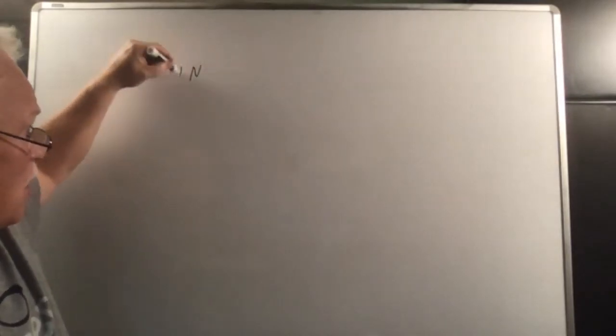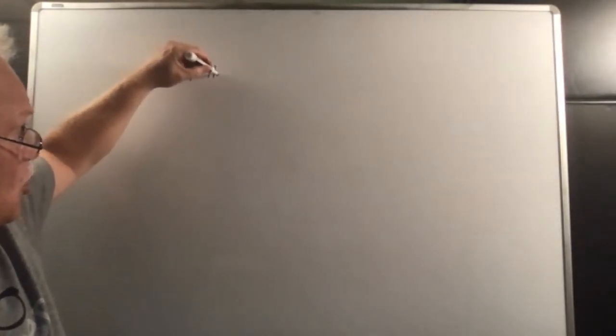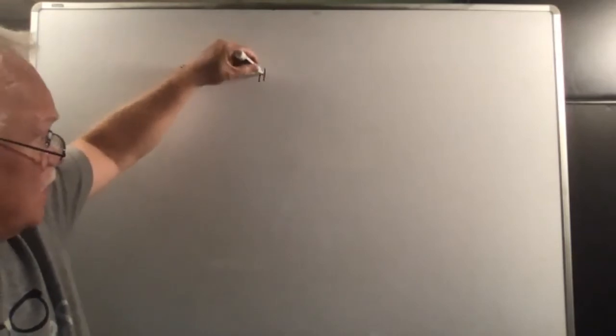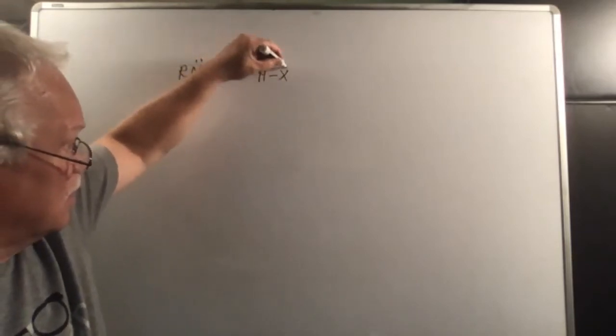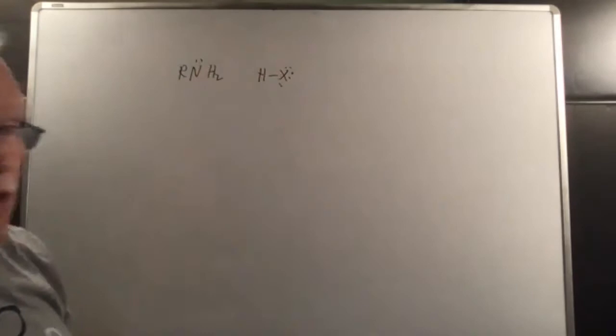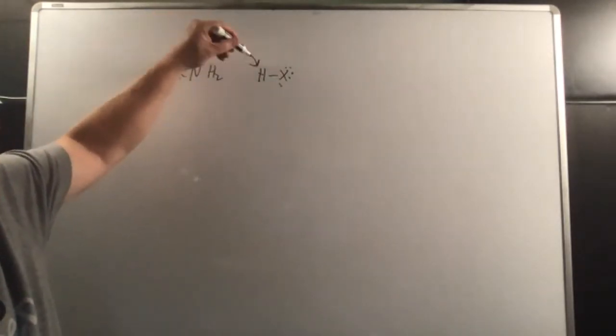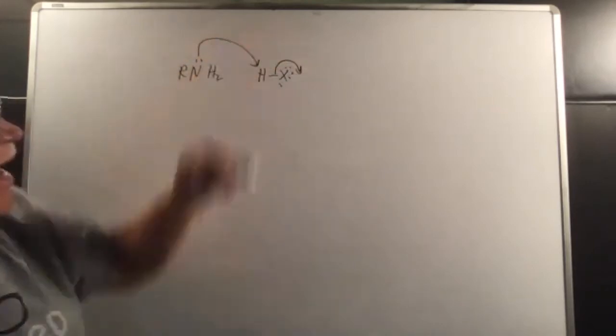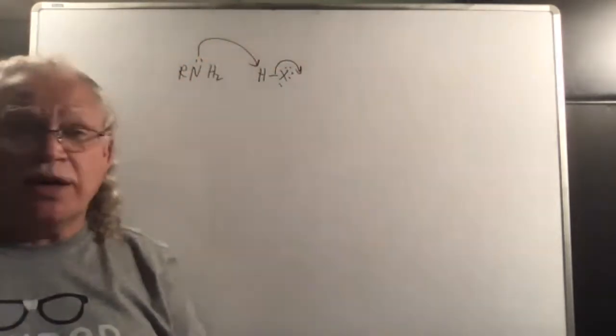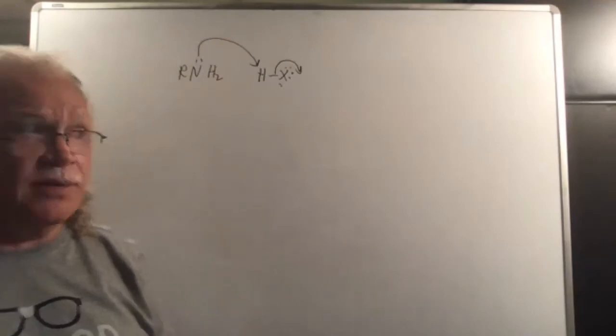So if I had the reaction RNH2 reacting with HX, I'm going to put my lone pairs on here. Notice what happens. This donates the electrons, kicking that out. We've seen this reaction 100 times in general chemistry.